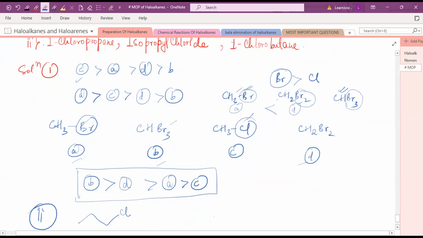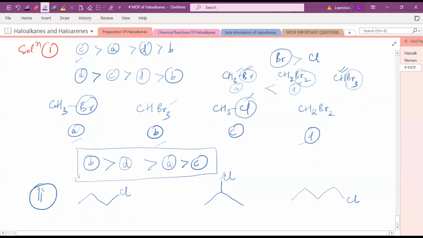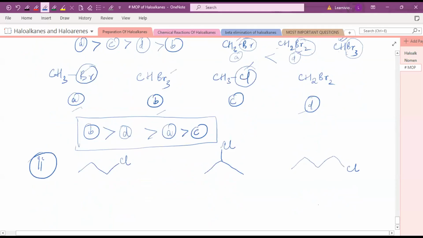Second is your isopropyl chloride. It's a propyl and it's an iso structure, so you will see the branching over here, right? Chlorine will be attached here. Third one is 1-chlorobutane: 1, 2, 3, 4, and the chlorine group, right? Okay, now arrange this.